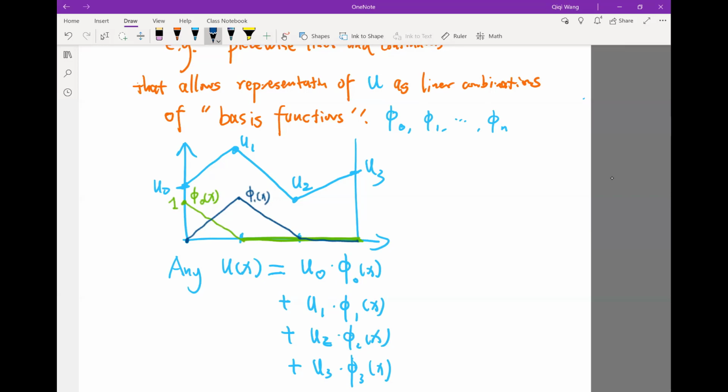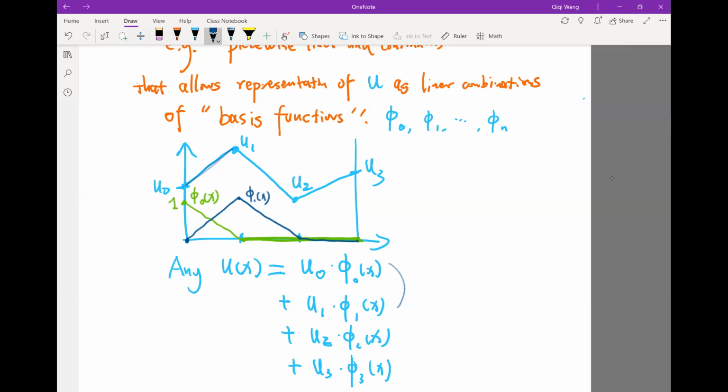Now you can see that simply by combining phi0 and phi1 with their respective coefficients, you can recover the first part of this arbitrary function that satisfies the simplified constraints. At x equal to 0, I have u0 times phi0, which is 1, so the value is u0. The coefficient on phi1 is u1, but the value of phi1 is 0 at this point.